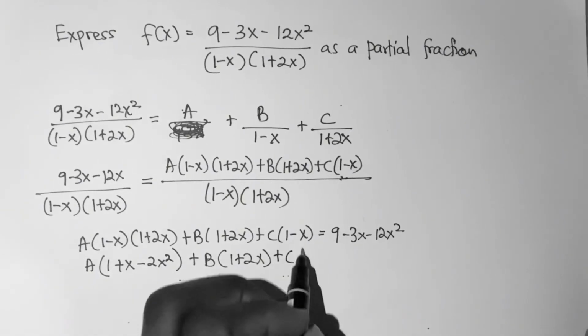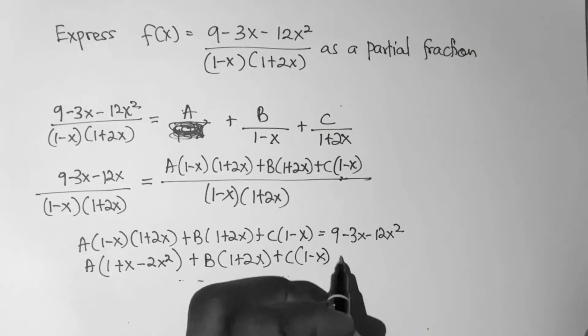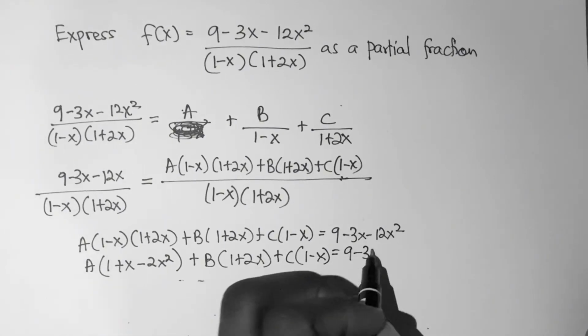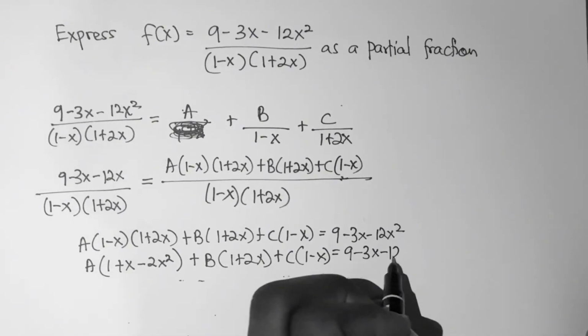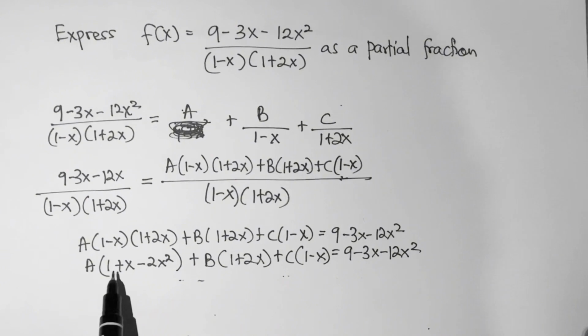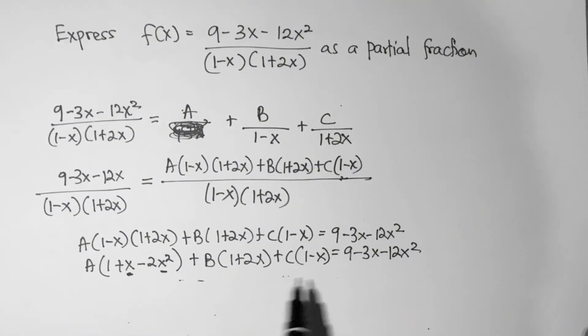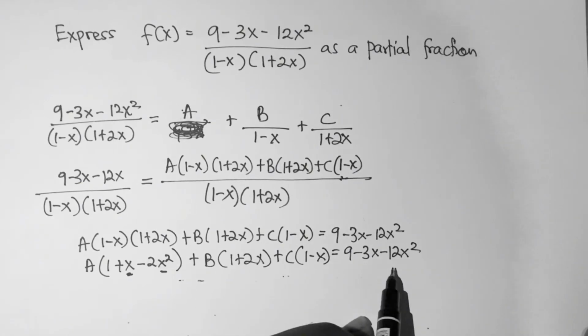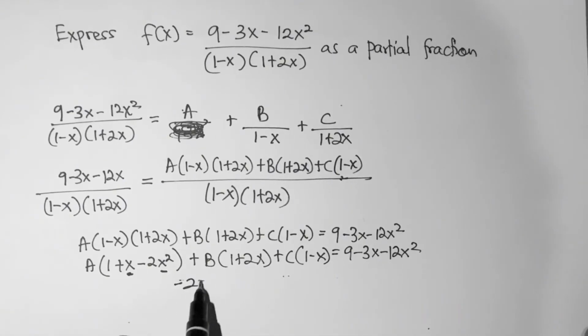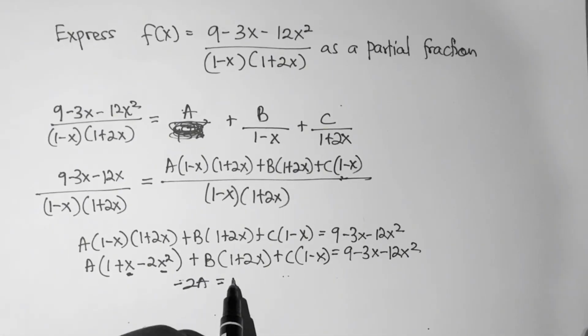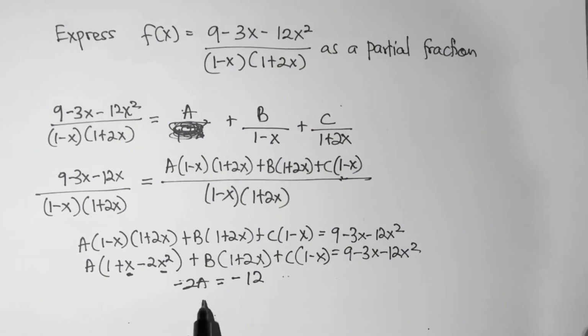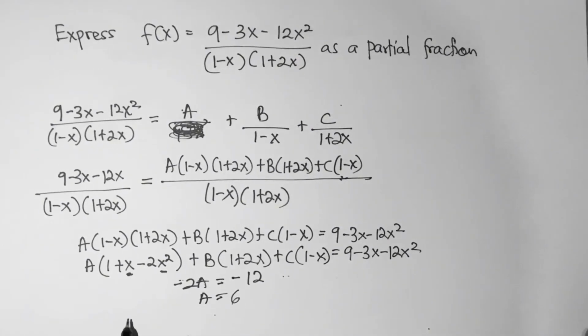Then plus c times 1 minus x equals 9 minus 3x minus 12x squared. So you can see that there is an x squared here and there is none in any other place. So minus 2a is equal to minus 12, and therefore a is equal to 6.